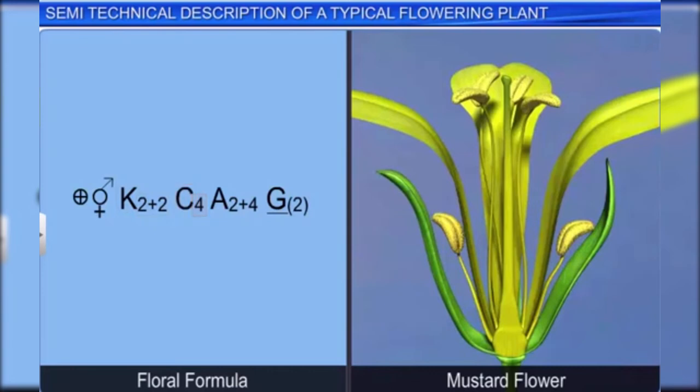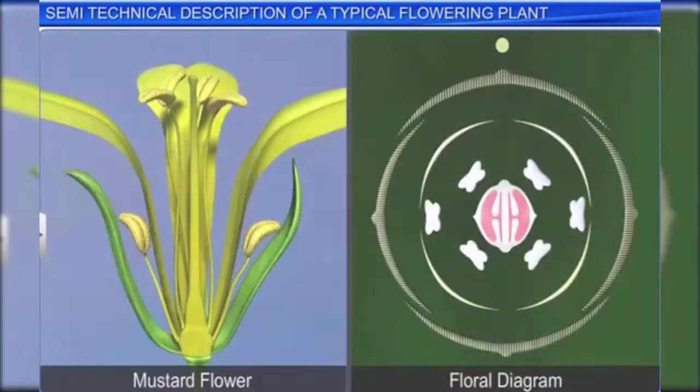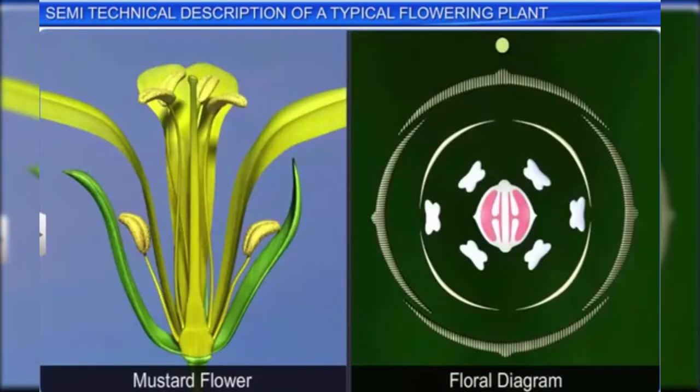There are 6 stamens arranged in 2 rows and the gynoecium is bicarpellary and syncarpous with a superior ovary. The floral formula of a flower is usually accompanied by its floral diagram. The floral diagram is a graphical representation of the cross-section of a flower and provides information about the different parts of a flower, their arrangement, and the relationships between these parts.